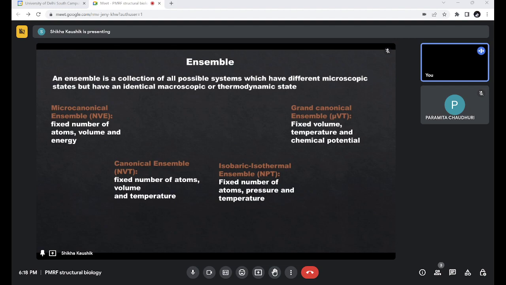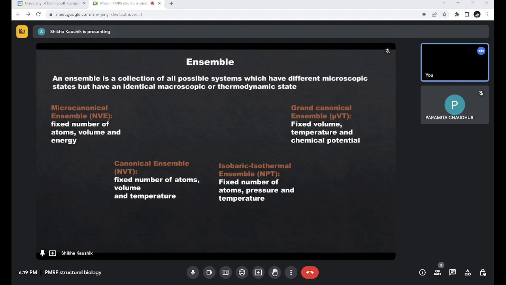So you have your ensembles in different ways. For example, you try to fix the number of atoms. You are putting in a fixed volume and a fixed energy. In one case you are trying to fix the number of atoms with the volume and temperature, and in another case you have pressure as an important aspect.